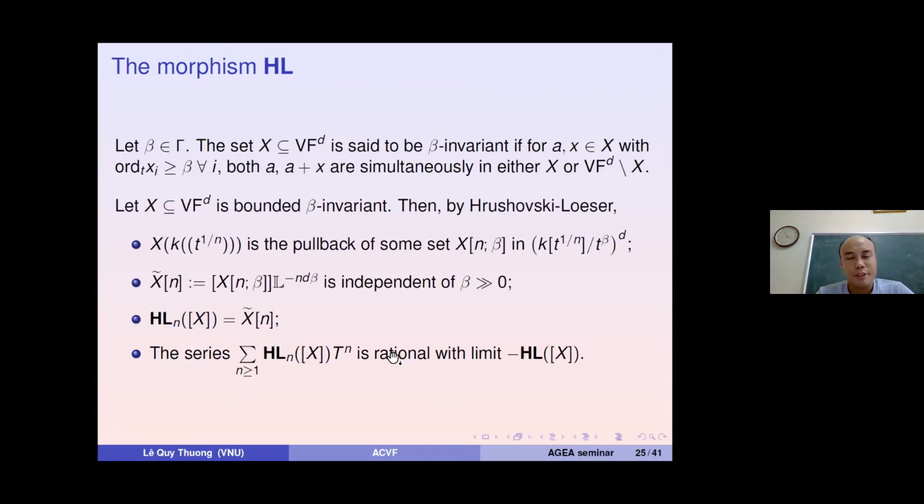The method is very special. They cannot use the resolution of singularities. They just use some arguments in model theory. They can prove this one rational, and so it has a limit minus SLX.